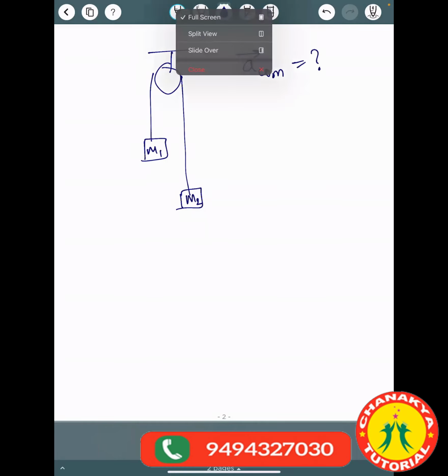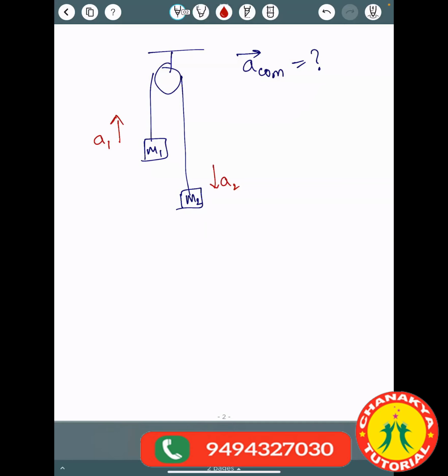For that, first write down the accelerations. This will be A1 and this will be A2, and we know that with whichever acceleration this block moves up, the same acceleration this one comes down. So both are equal in magnitude, A and A.